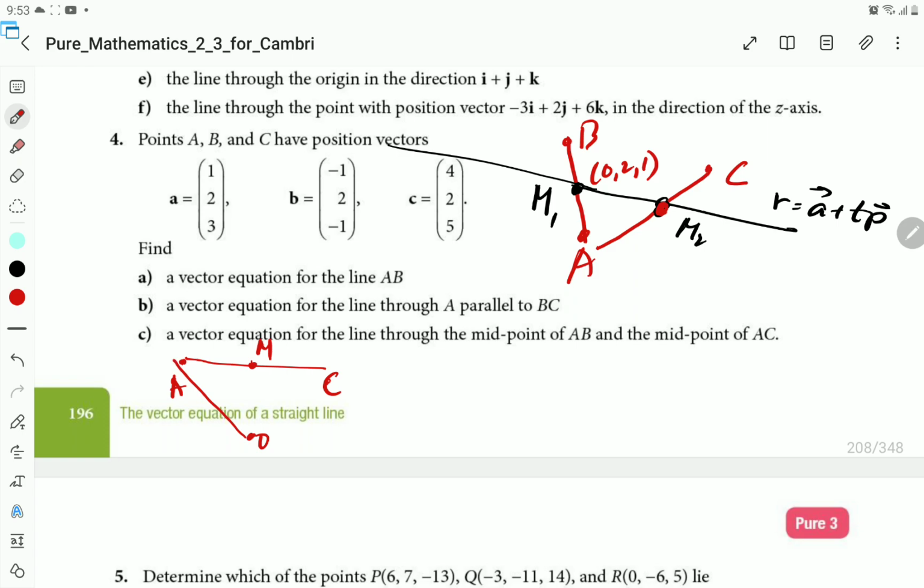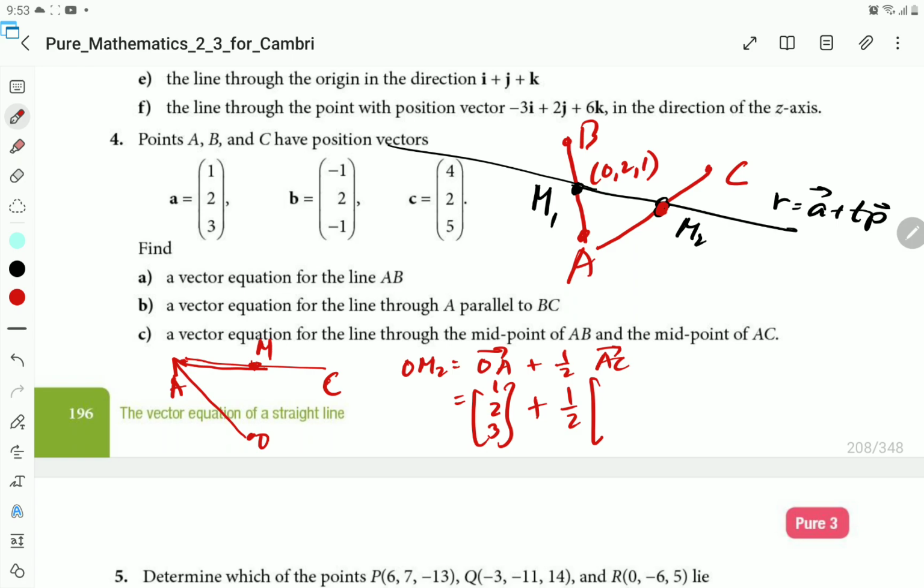So that is OA plus half of AC. So OM2 is equal to OA plus 1/2 of your AC, or OC minus OA. So OA is 1, 2, 3 plus half of AC, which is C minus A.